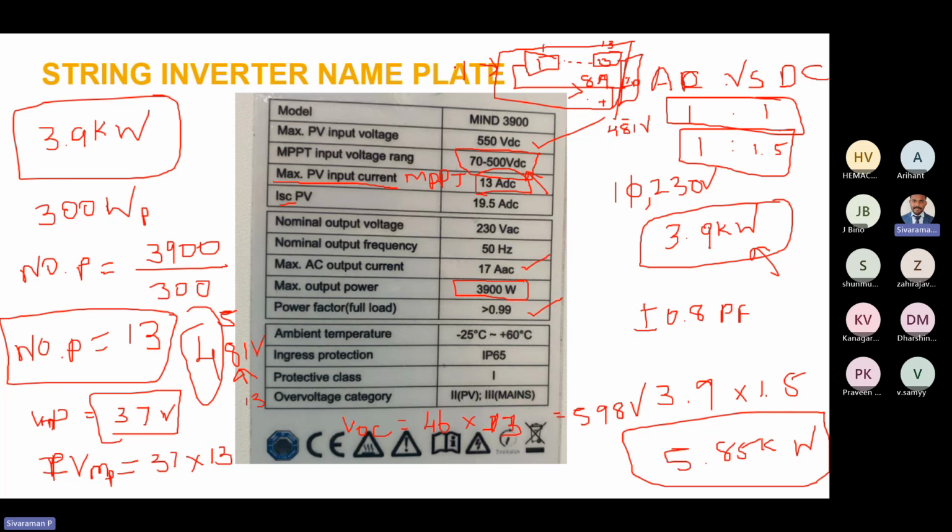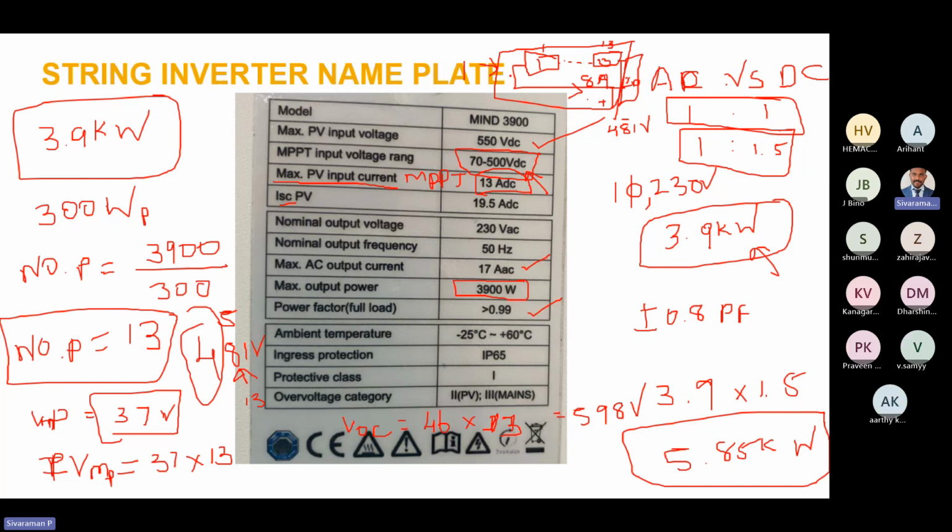Suppose we have two MPPTs in the inverter. Similar to this, we have to make one more string. That string is called string number 2, and it has to go to the inverter. So this is the general design philosophy of the string inverter.